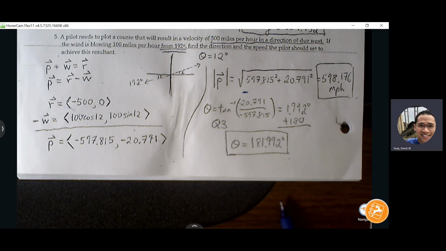Normally we're used to vector p plus vector wind getting to the resultant, but here they give us the resultant and wind, they don't give us the initial plane, so we have to subtract. Questions?